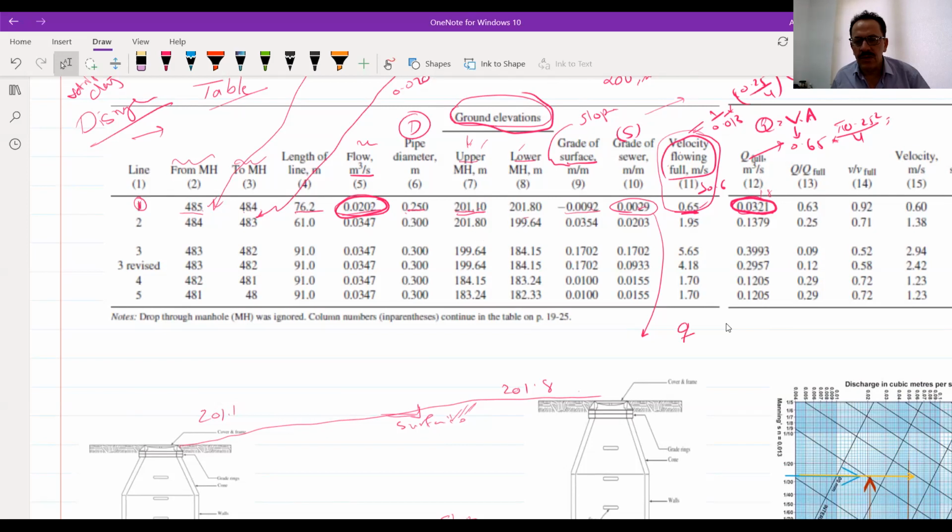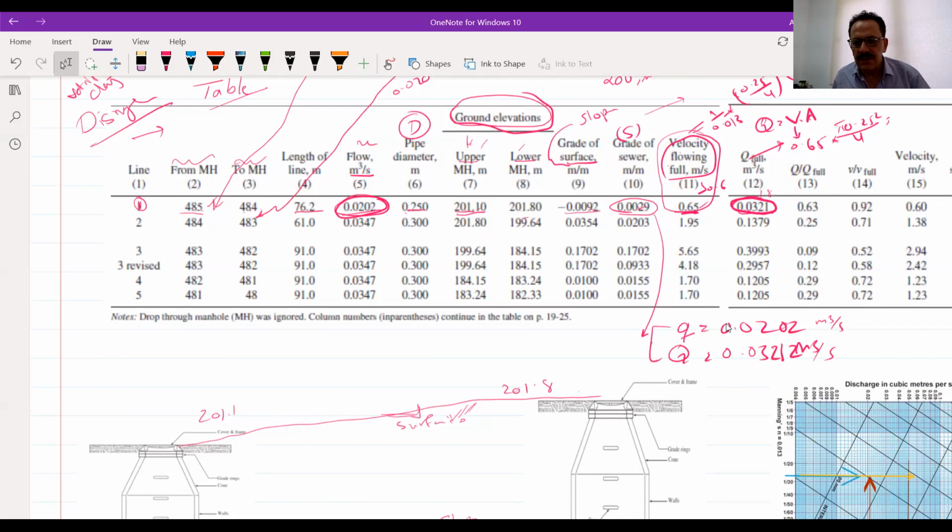So small q here is equal to 0.0202 meter cube per second, and the capacity of this sewer is 0.0321 meter cube per second.